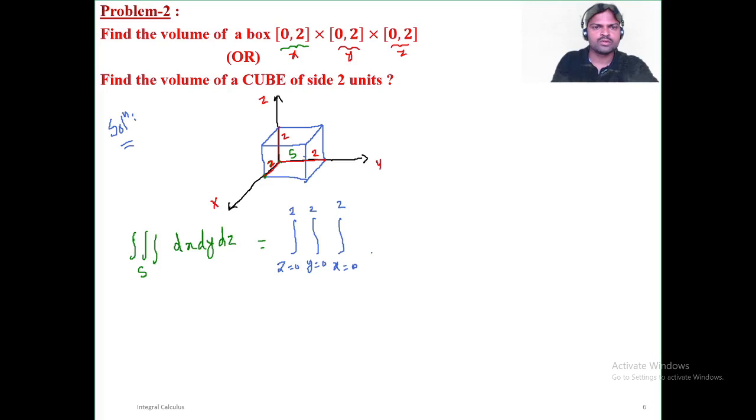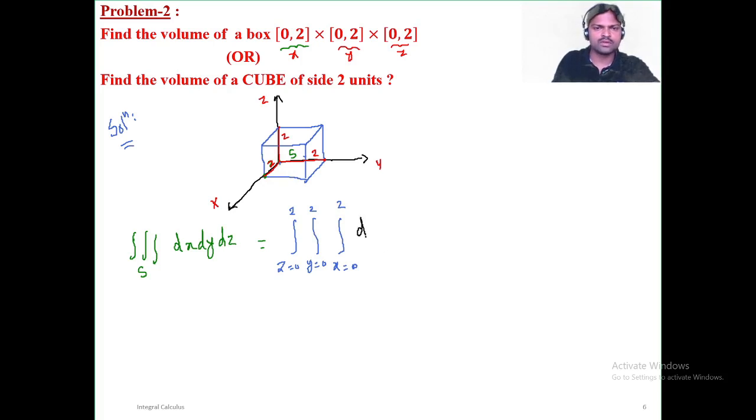So x varying from 0 to 2 means what? x starts from here, from the middle. Look, x starts from here at 0 and ends at this point, this plane. This plane is x equals 2. Therefore up to 2 it can vary. Similarly y is 0 to 2 and z is 0 to 2. Okay, now let us evaluate.